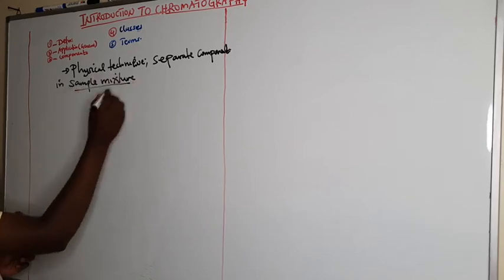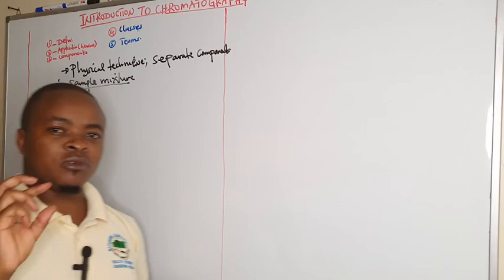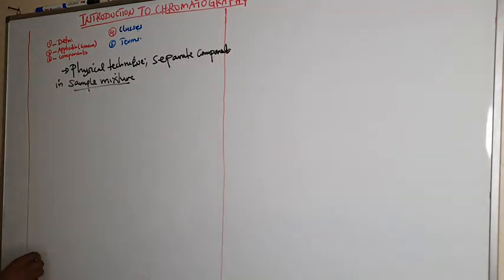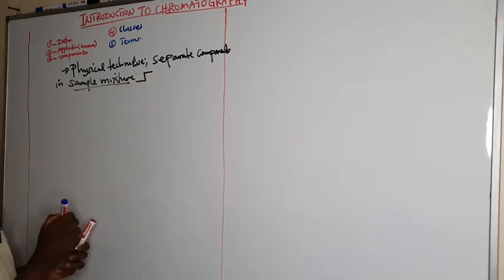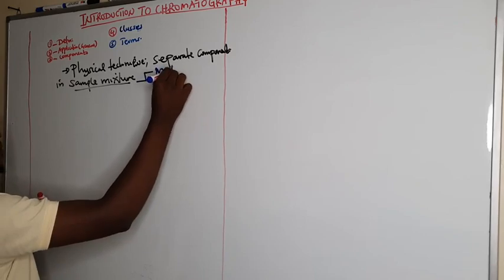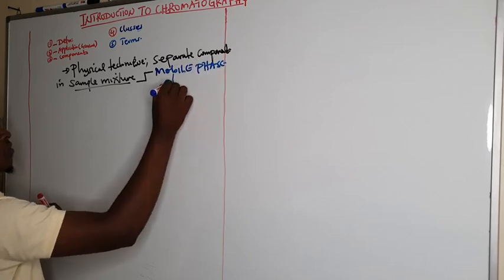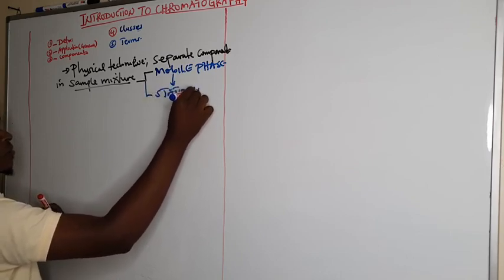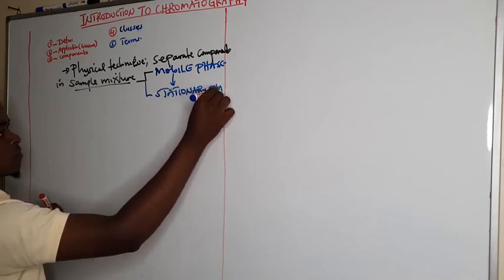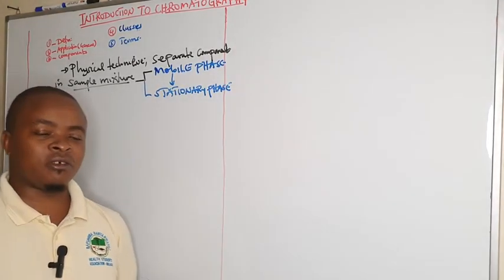This sample contains different compounds or analytes, which we want to separate and identify. And here we identify it by passing the mobile phase through the stationary phase. So this is the way we can easily define chromatography.